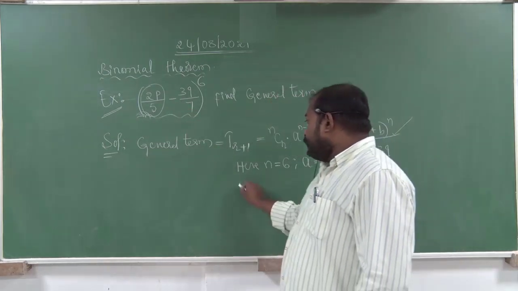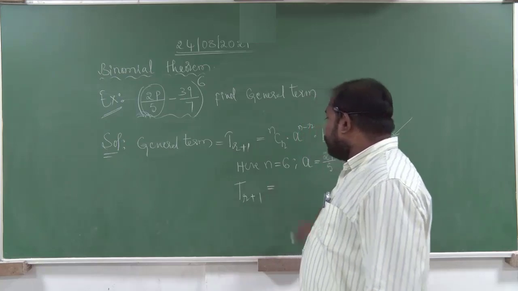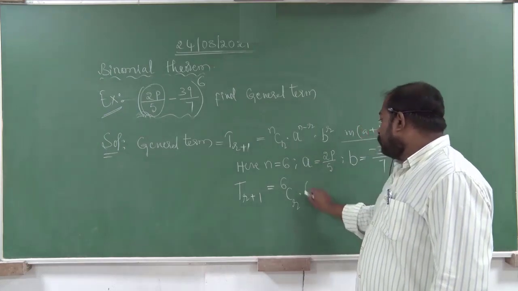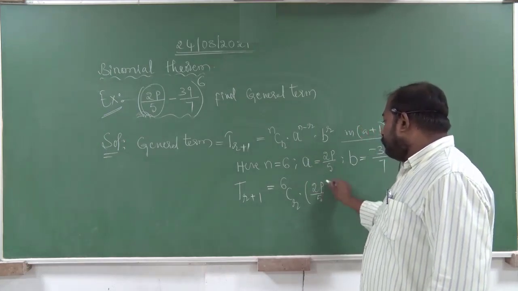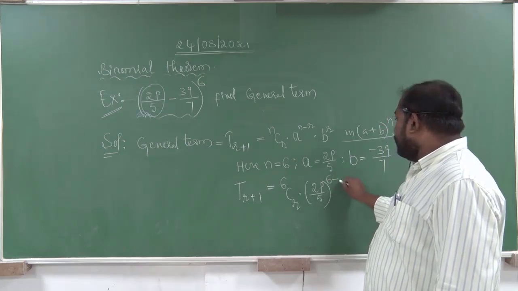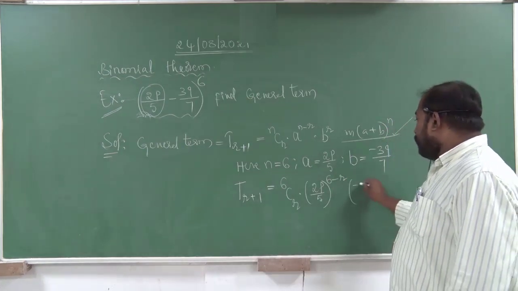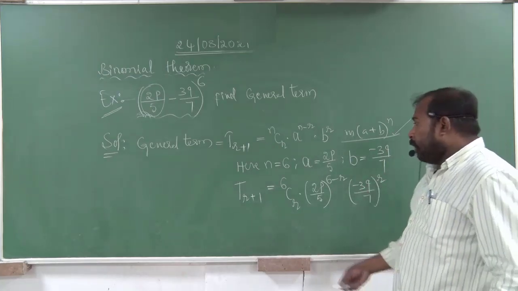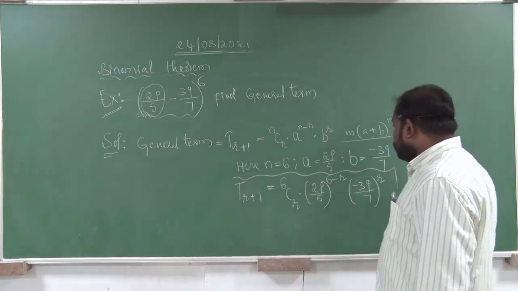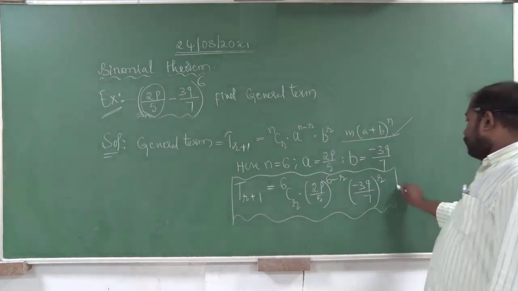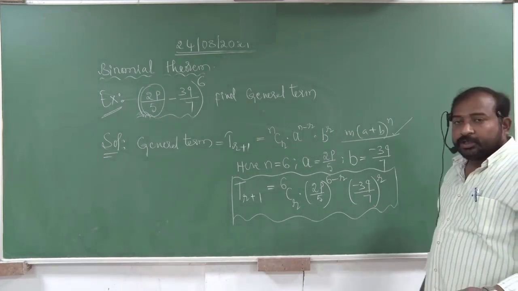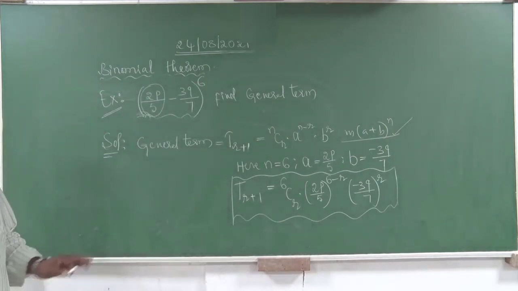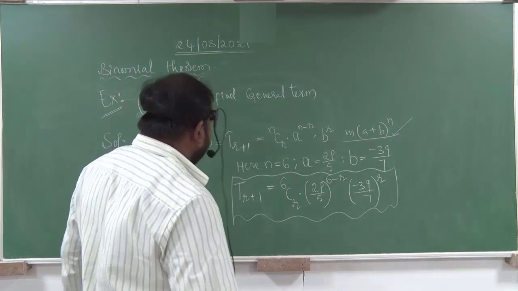Therefore the general term t(r+1) is equal to 6Cr into (2p/5) whole power (6 minus r) into (-3q/7) whole power r. If you want, you can simplify, otherwise leave it. So this is the general term t(r+1) in the expansion of (2p/5 - 3q/7) whole power 6. Okay, I hope this is clear. Next, one more example.